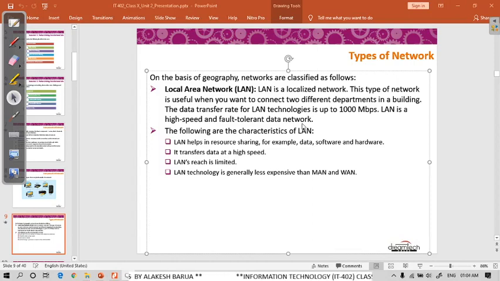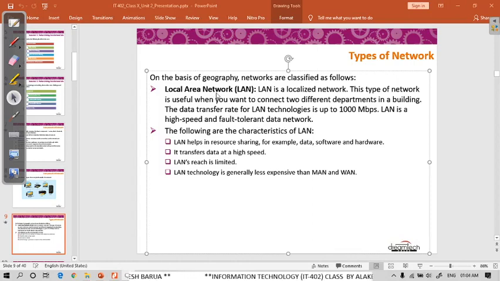Any sort of fault that occurs in a network can be tolerated. Any sort of error that occurs in a network can be corrected in this type of network. So that type of network is known as a fault tolerant data network. So local area networks are fault tolerant networks.